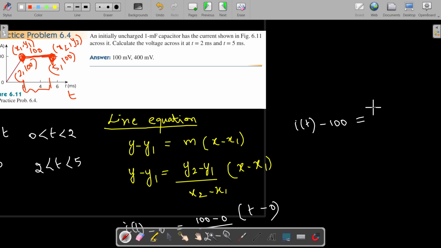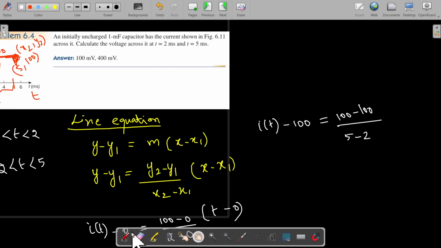That is equal to m, which is y2 minus y1. What is y2 here? Y2 is 100. What is y1? Y1 is also 100, divided by x2 minus x1, so 5 minus 2, multiplied by x minus x1. The x coordinate is t, and x1 is nothing but 2.